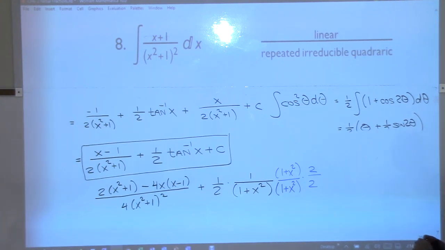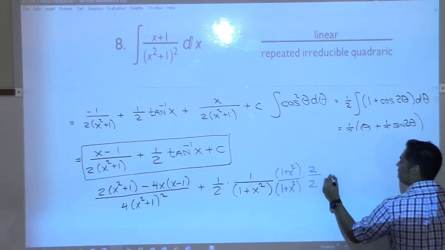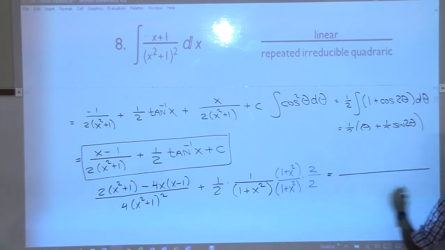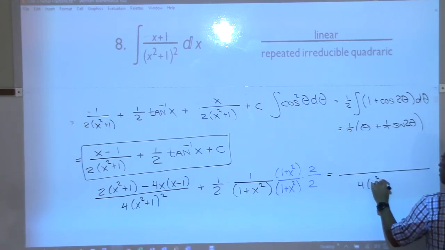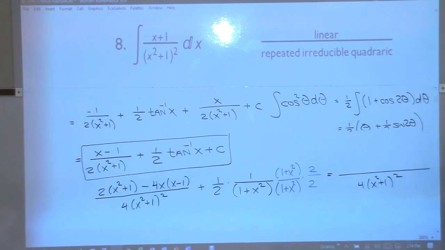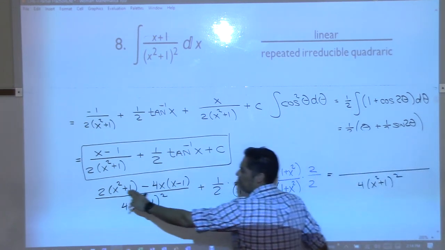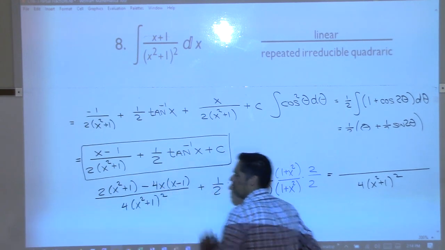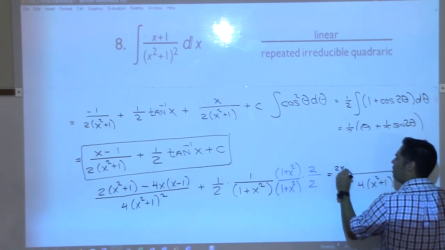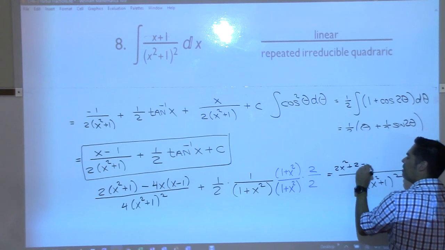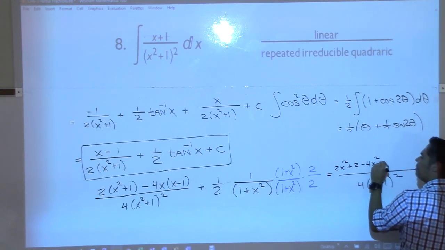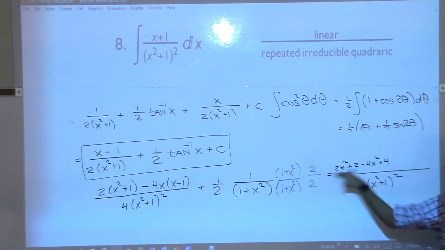Let's see. My new denominator is the common denominator, which is 4 times (x squared plus 1) squared, right? That's my common. And then this right here, I'm going to go ahead and just expand this out. So that's 2x squared plus 2 minus 4x squared plus 4. And then what comes from the other?